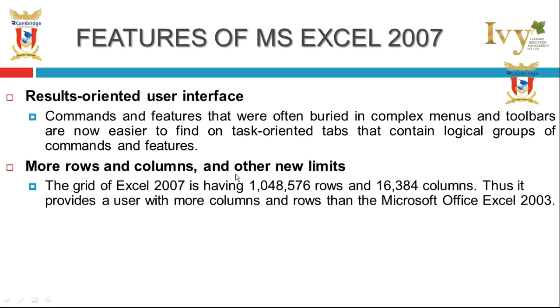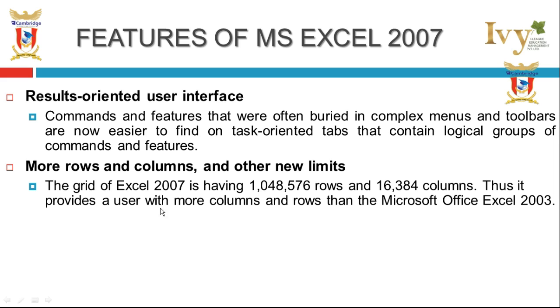Next, more rows and columns and other new limits also. The grid of Excel 2007 has 10,48,576 rows and 16,384 columns.